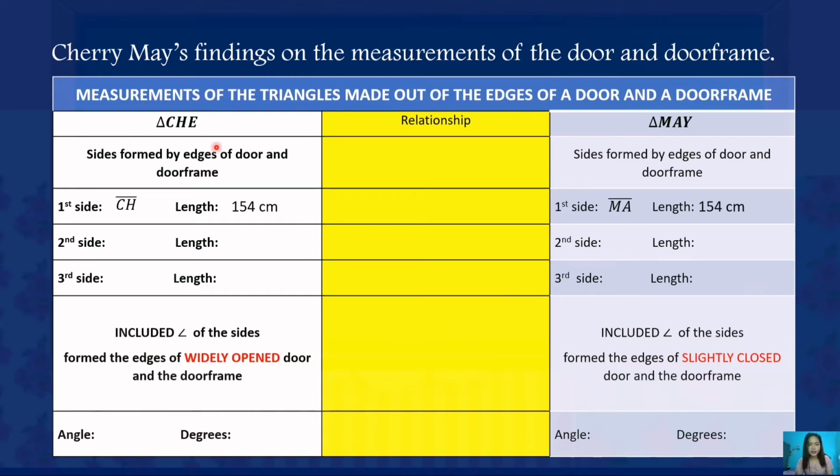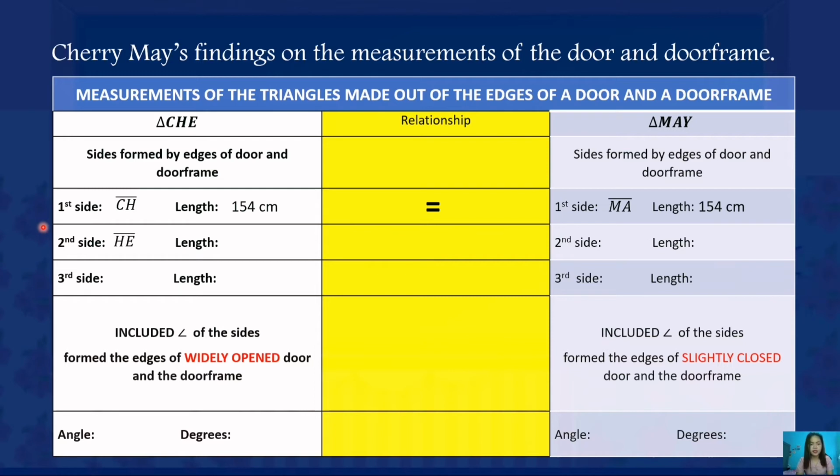So we have here the first triangle and the second. So they have the same lengths as to the first side. How about the second side? So they are equal. Pag sinabi natin the same, they are equal.